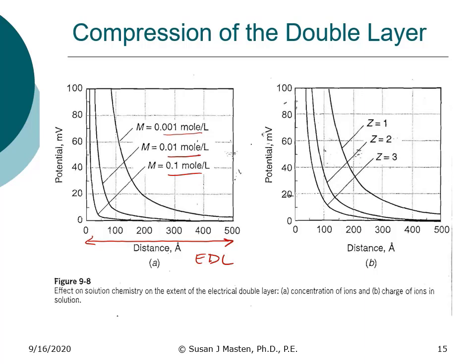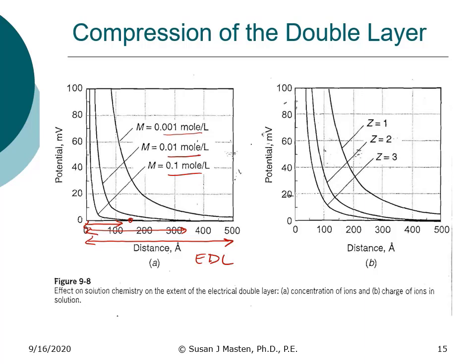So the EDL is larger. And then we increase it to 0.01, and we decrease the thickness, and here we increase it again, and we have further decreased the thickness. So that 0.1 is going to destabilize that colloid much more effectively than the 10 to the minus 3 molar solution.